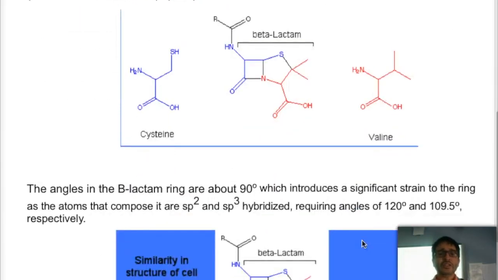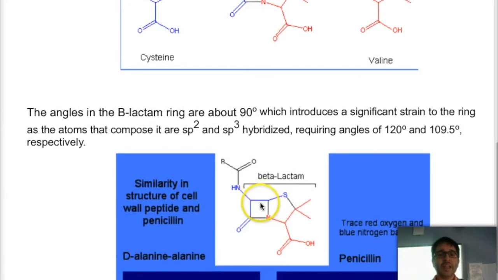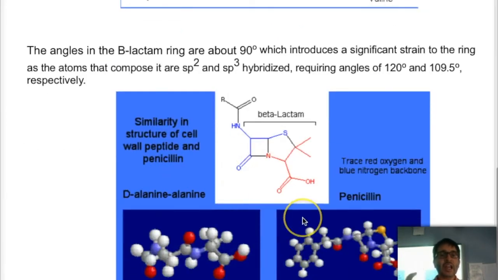So notice here that the beta-lactam ring is very highly stressed. It has 90-degree angles when the angles there would prefer to be 120 or 109.5. Remember this from hybridization, from the angles when we talked about geometry.